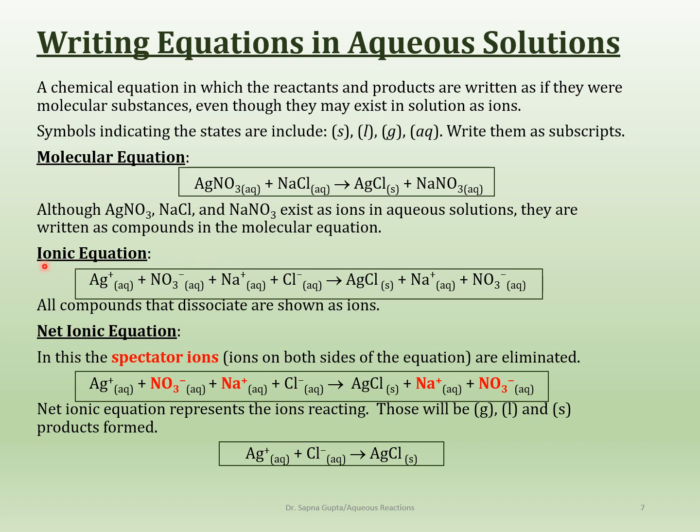When you write the ionic equation, you're going to have to dissociate everything that is aqueous. What is not aqueous is left as is on the left and the right of the equation. Silver nitrate dissociates because in aqueous solution it is dissociated. Sodium chloride in aqueous solution is dissociated.